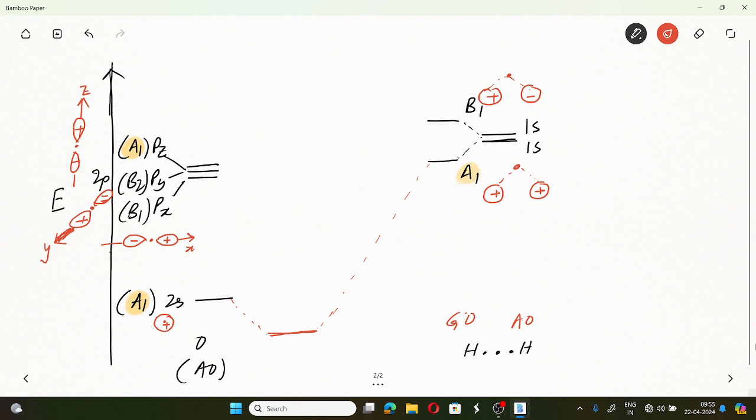Then in a similar way, this will be the anti-bonding molecular orbital. See, it will have very low contribution from this 2s because this is of much higher energy. And also this one has very low contribution from this 2pz because you see this is of much lower energy. Also it has low contribution from A1.